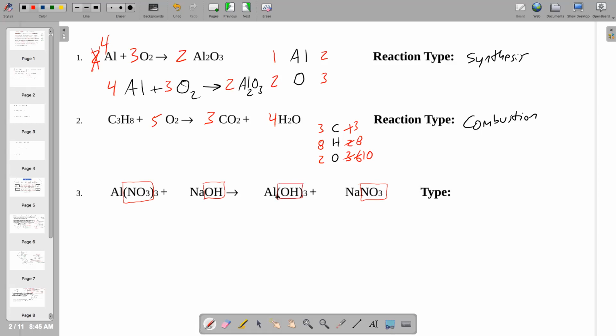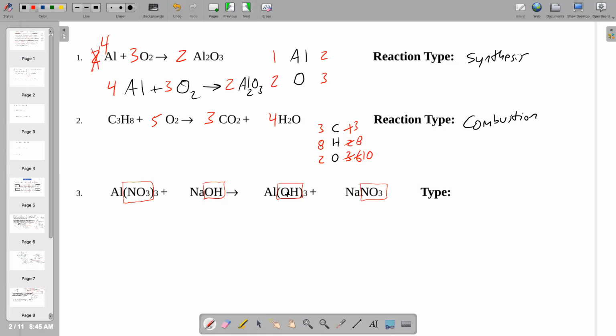So don't try to balance oxygen atoms separately. Instead, think of those ions as being like little chunks, because the NO3 is the same NO3 on the left as it is on the right. And this OH is on the left, but there's also an OH on the right.